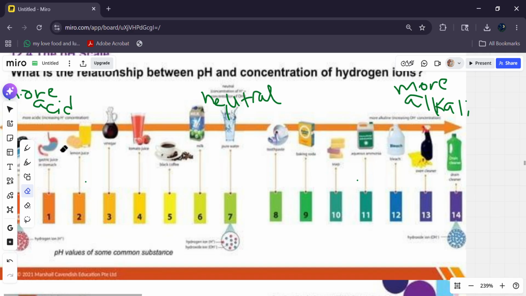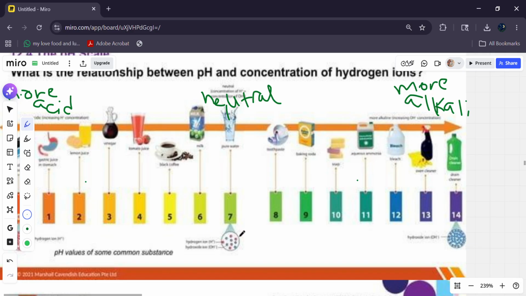It's acidic but not too acidic, and it's safe to drink. Vinegar is at number 3, tomato at number 4, black coffee at number 5, and milk at number 6. All these are considered acidic. But if you notice, as the numbers increase, the less acidic the solution becomes.